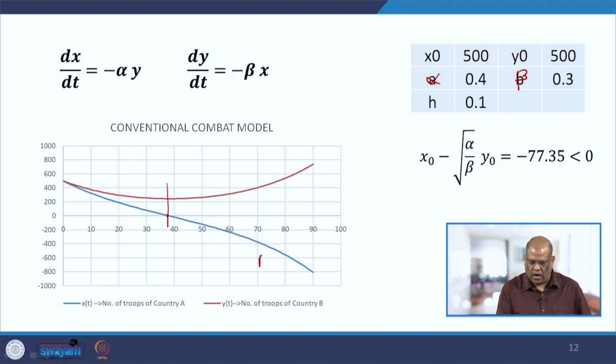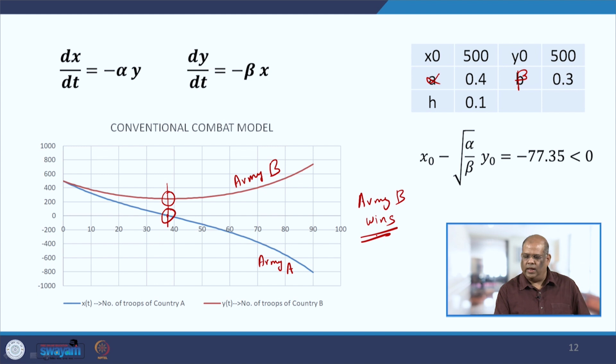So, this is for army A and this is for army B. So, army A becomes 0, the number of troops x(t) at some finite time, and your army B is still positive, and hence your army B wins. And in this particular case x0 minus root of alpha by beta y0 is a negative quantity, and again the numerical result supports the analytical calculations or findings.